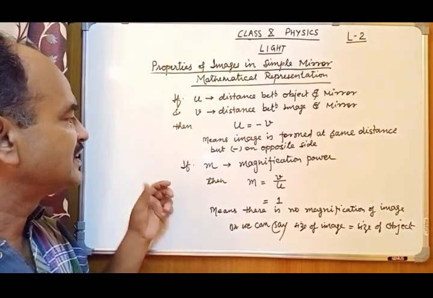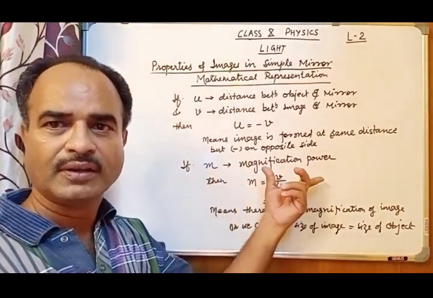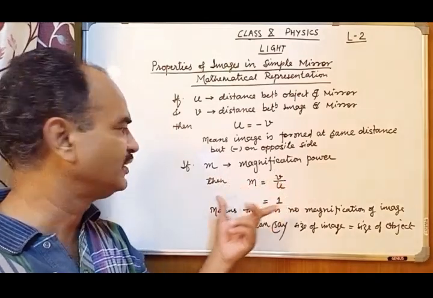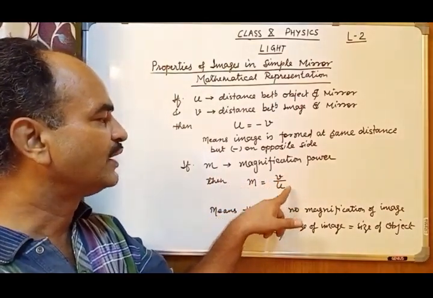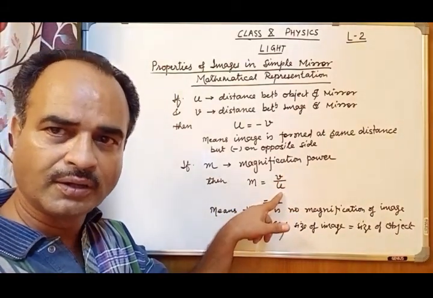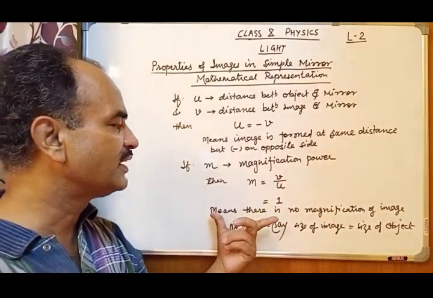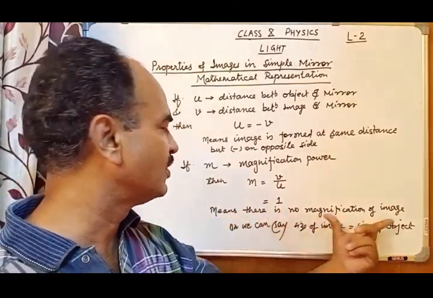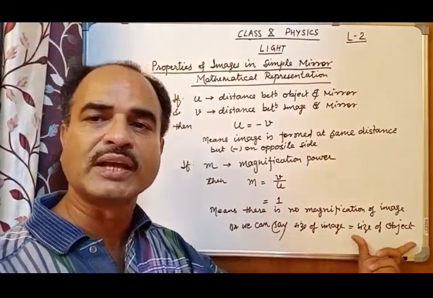The second one is, if m represents the magnification, then m is equal to v upon u, that is size of image upon size of object, and that is always equal to 1. It means there is no magnification of the image; the size of the image is always equal to the size of the object.